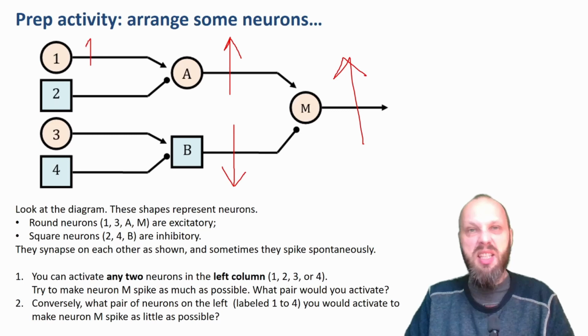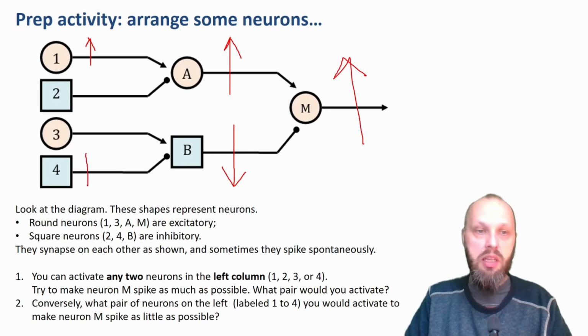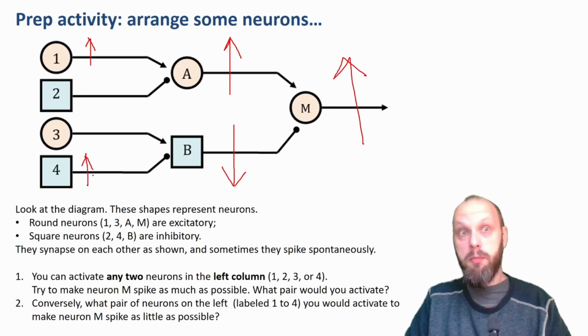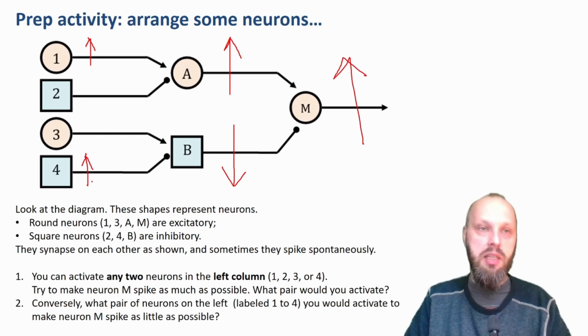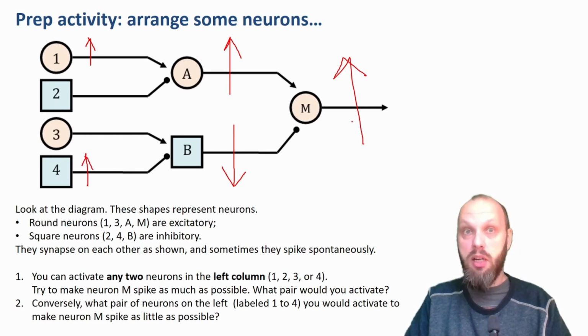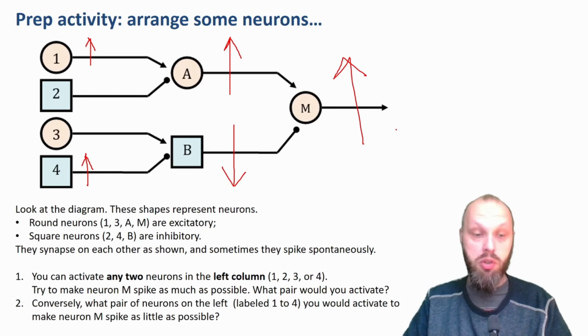One option, and in this case the only option, is to stimulate neuron 1. But how to minimize B? Let's inhibit B, and we can do that by stimulating neuron 4. Which means that for the first assignment, we need to stimulate neurons 1 and 4 in order to maximize the output of the circuit, because it would maximize excitation and at the same time minimize inhibition of the neuron M.